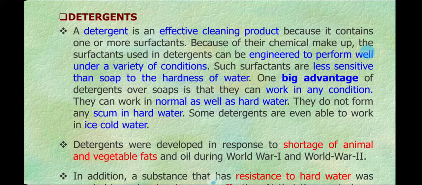So for that purpose a detergent, a new synthetic molecule, comes into the picture and shows good properties in both soft water as well as hard water. Let us see.